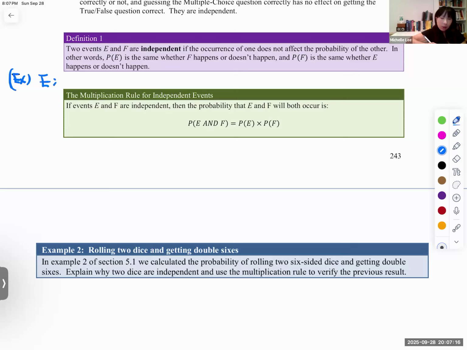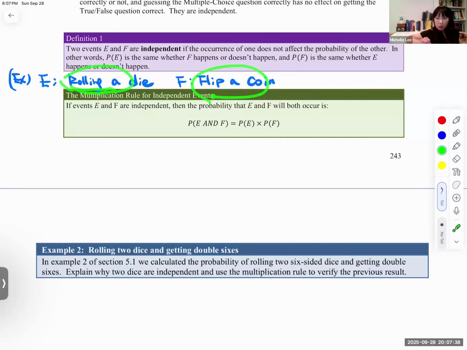Event E is rolling a die, and event F is flipping a coin, right? So the outcome of rolling a die does not affect the outcome of flipping a coin, or vice versa, right? So we call events E and F independent.